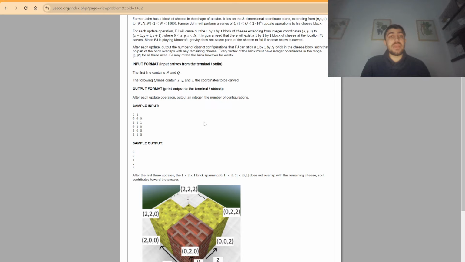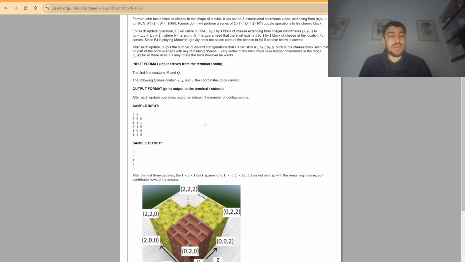And with that being said, I kept mentioning during this explanation so far the fact that we only care about the separate planes, the XY plane, the XZ plane, and the YZ plane. And because we know that the cheese cubes can only be taken out, all we have to do is to actually check whether for each of these blocks, adding it will make an entire row on either of the planes be full of cheese blocks that were taken out.